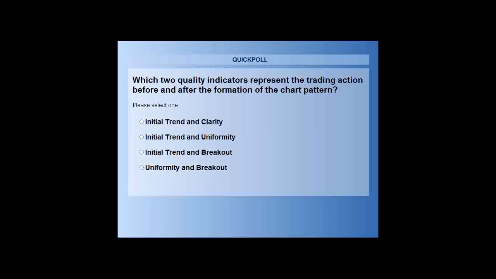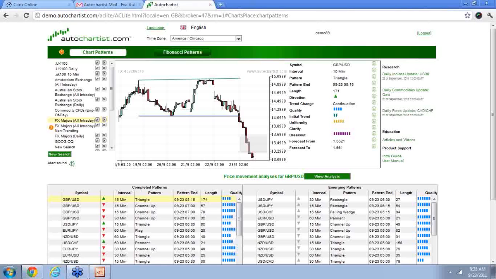So remember, as I mentioned, there are certain ways to look for pairs when you're trying to pair these markets together. Right, that's correct. Large percentage there selected initial trend and breakout, and that's absolutely right. That is the right answer. Oftentimes what you try to do is set up, you want to see a strong initial trend, and then you want to see this market continue in that direction.